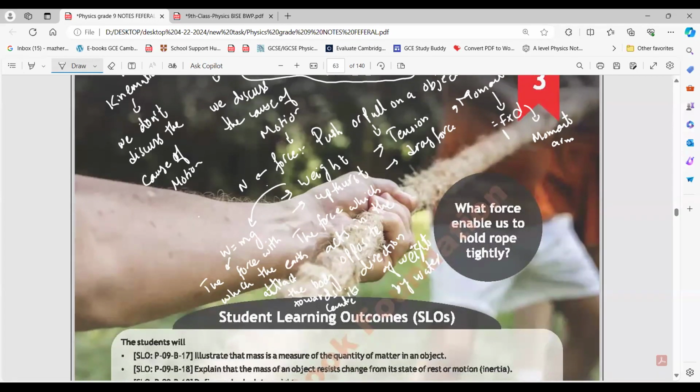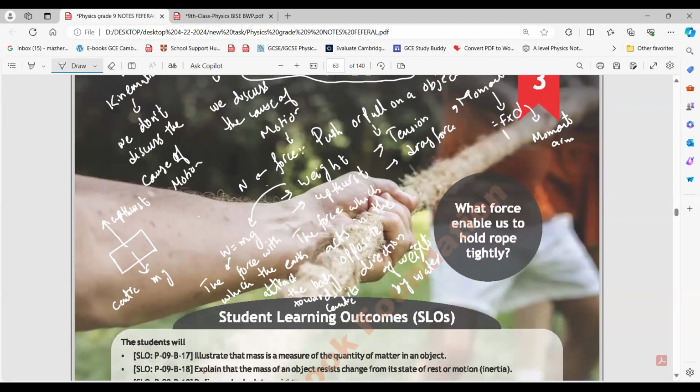Weight always acts in the downward direction. Whatever the weight of the object is, it would always act at the center of that object, and it will always act in the downward direction. And the force that acts in the opposite direction of weight is upthrust in water.